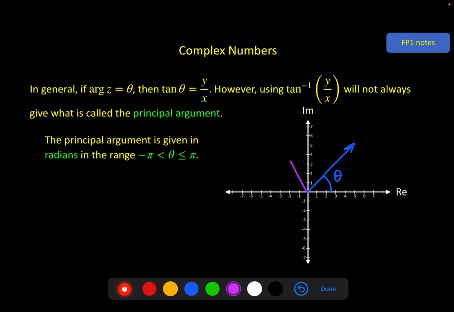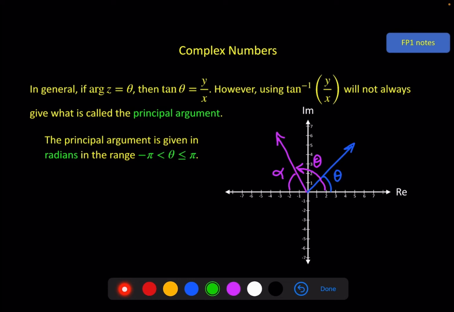However, if we have a complex number in the second quadrant, the angle with the x-axis here is what you would probably get out of your calculator, call that alpha. But the principal argument measures from the positive real axis. The principal argument would be this angle, theta.